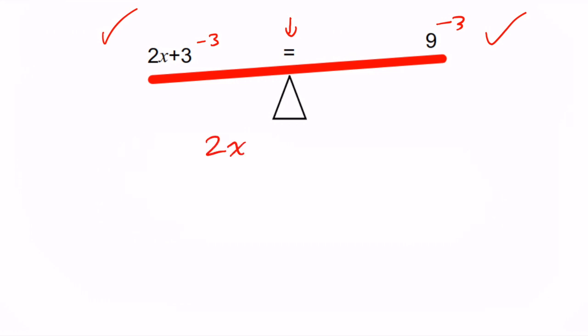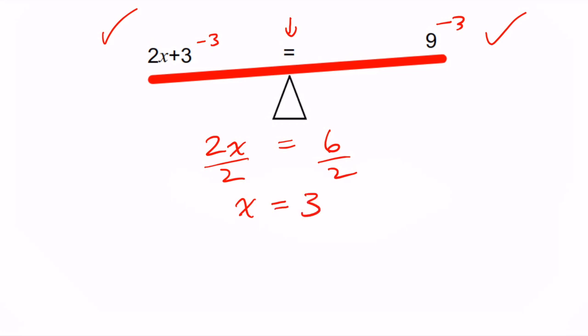So my next line would be 2x equals, and 9 minus 3 is 6. Technically, I haven't changed anything here. I've just taken away something from both sides, but it is still true that 2x equals 6. Now, the last thing I have to do is divide both sides by 2, because I want to get rid of that 2 attached to the x, and we're left with x equals 3.